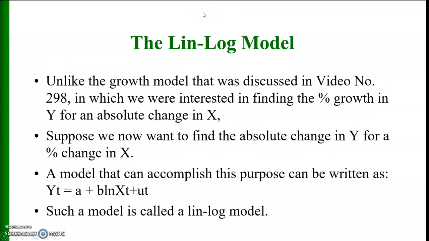So, let me start with the introduction of the Lin-Log model. Unlike the growth model that we discussed in our video number 298, in which we were interested in finding the percent growth in the dependent variable y for an absolute change in x, suppose we now want to find out the absolute change in y for a percentage change in x.